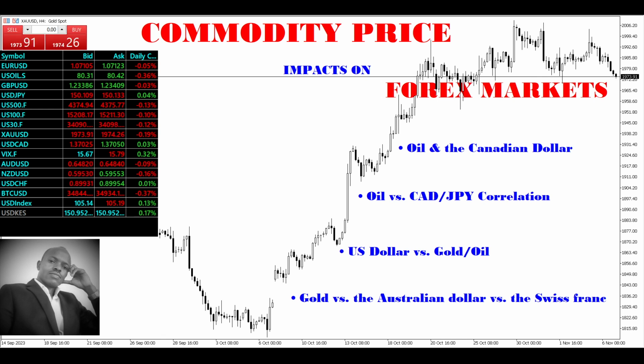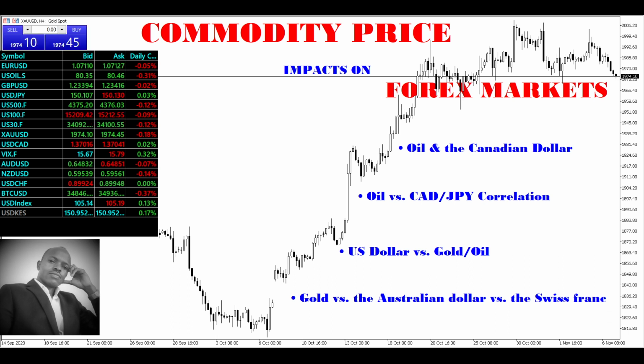And by being the global reserve currency, the US dollar influences gold and oil prices to a great extent. For example, whenever the dollar strengthens against other major currencies, the net effect is a decline in gold and oil prices in the commodity marketplace.